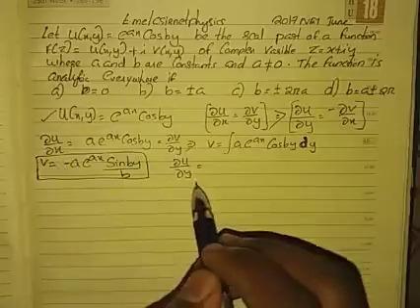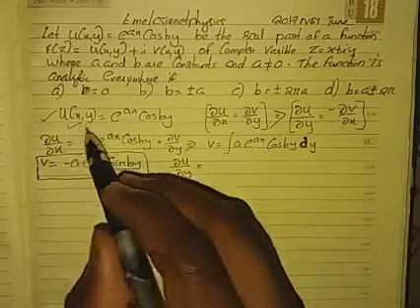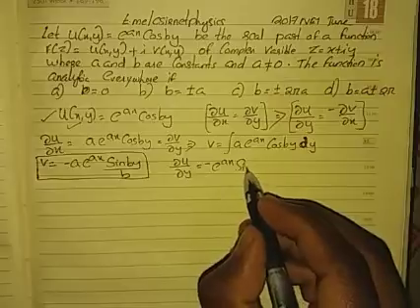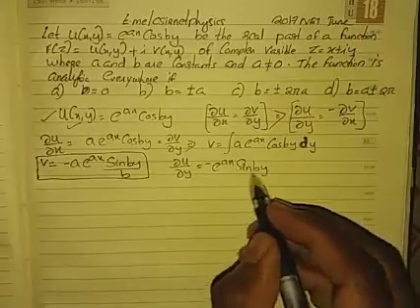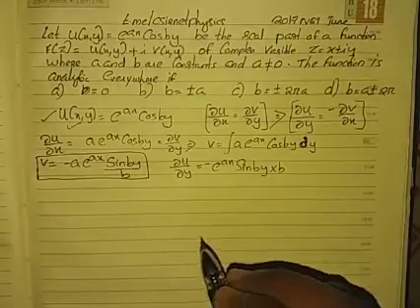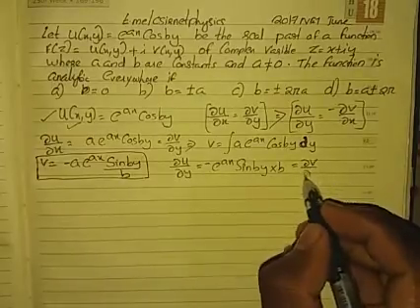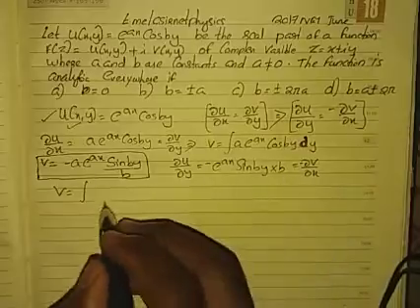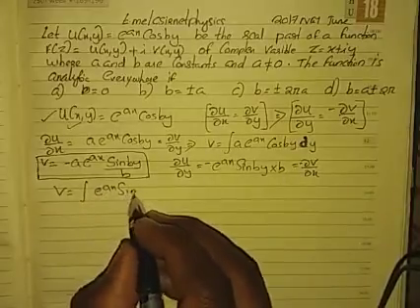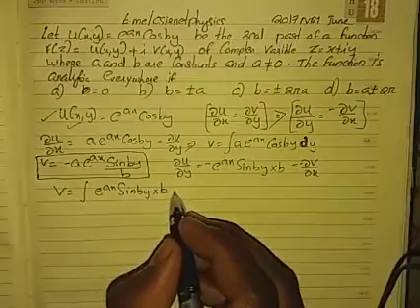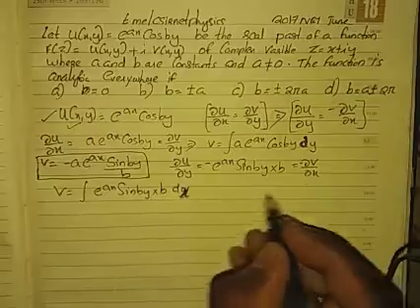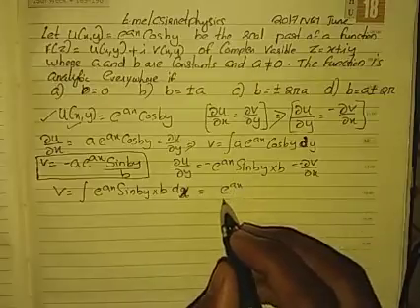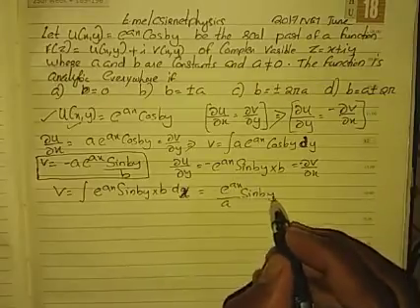So v can be written as the integral of e raised to ax sine by times b dx, the minus and minus cancel. Integrating, you get e raised to ax divided by a times b sine by.